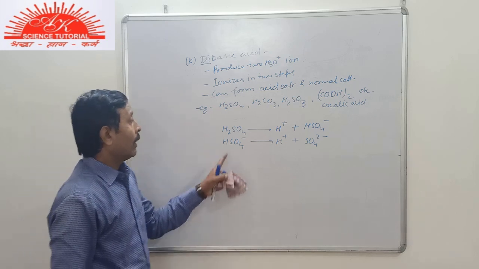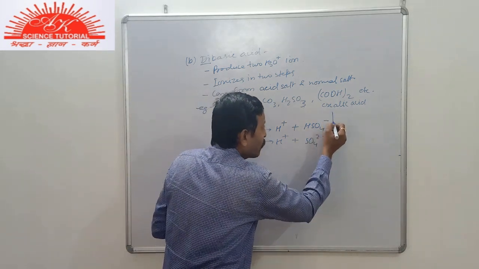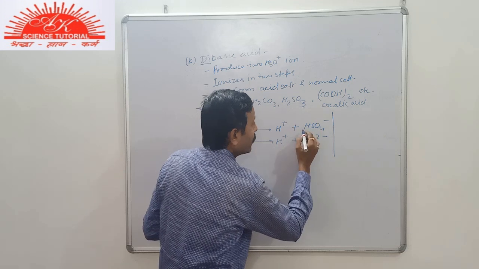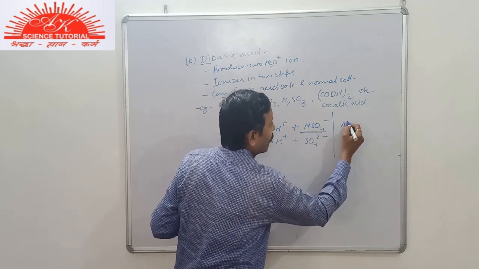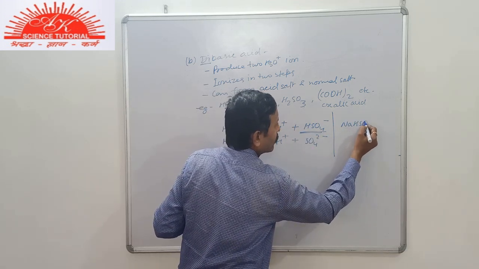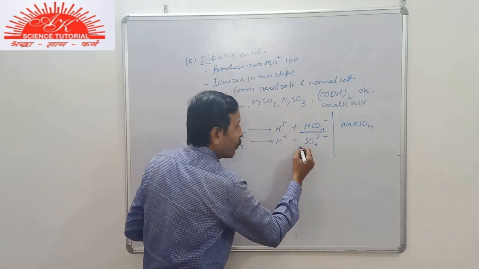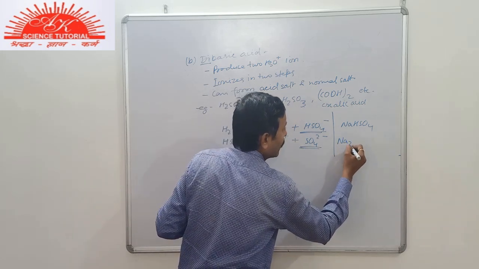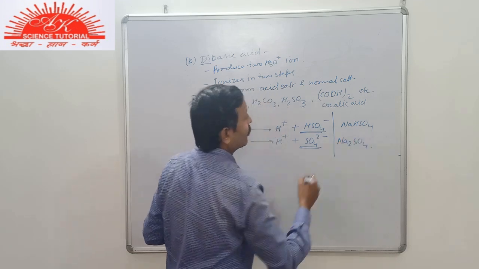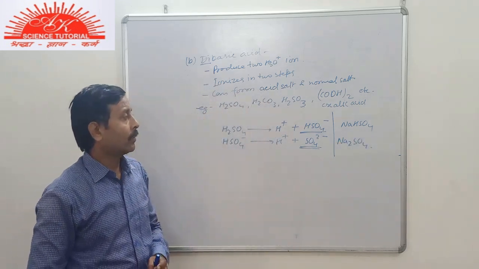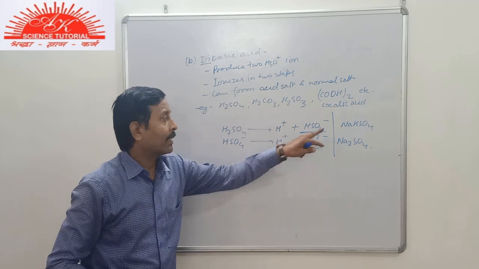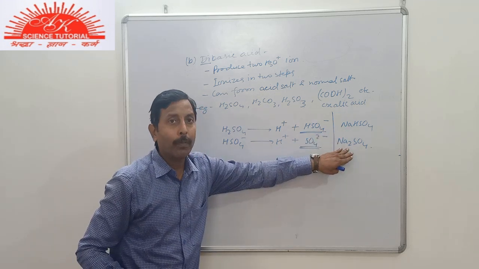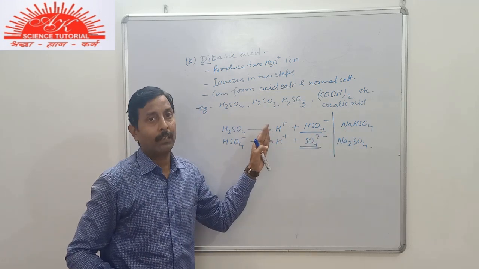Accordingly, if it neutralizes partially, then from this anion it can form acid salt, and from this anion on complete neutralization it will give us normal salt. Sometimes a question is asked: name an acid salt and a normal salt prepared from the same acid.